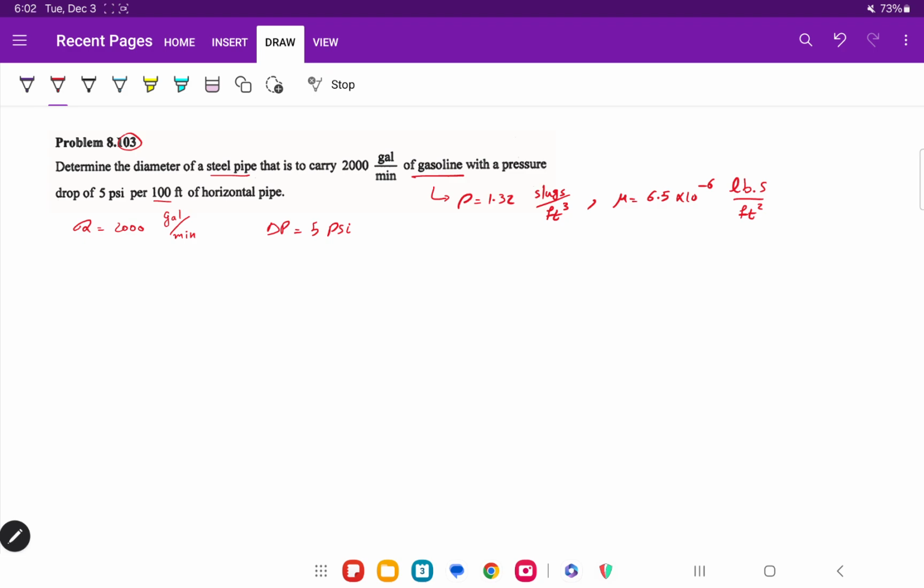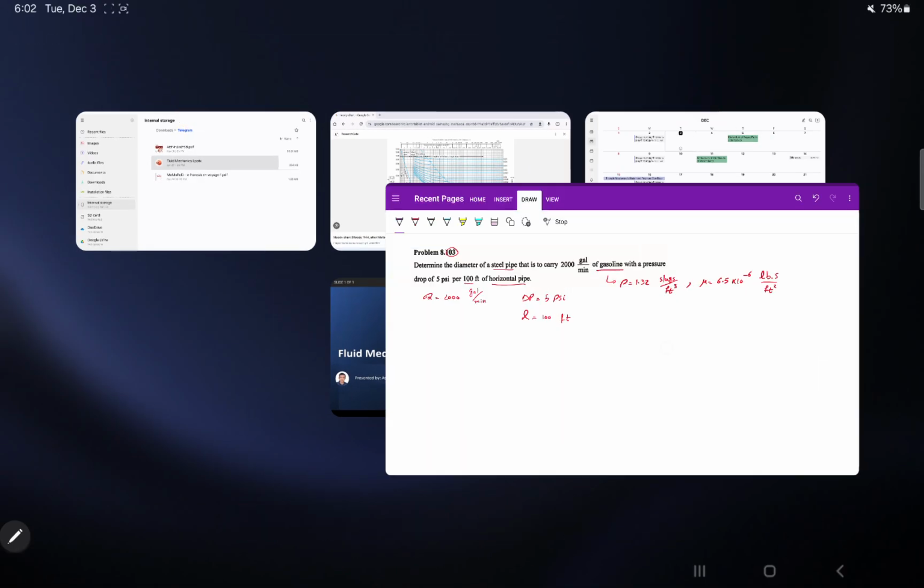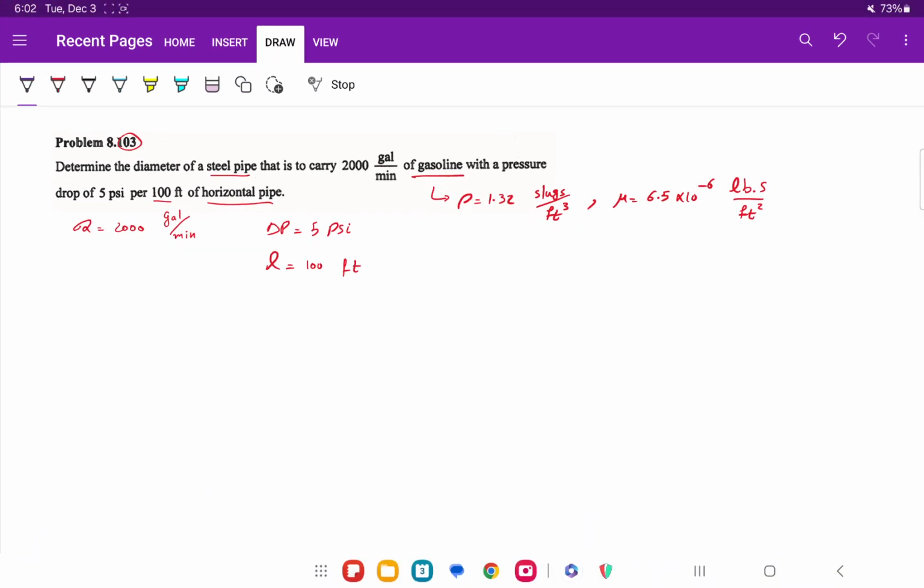So delta P is 5 psi and the length is 100 feet. The pipe is horizontal, so since the diameter is fixed and the pipe is horizontal, you know that delta P equals f L over D times rho V square divided by 2.